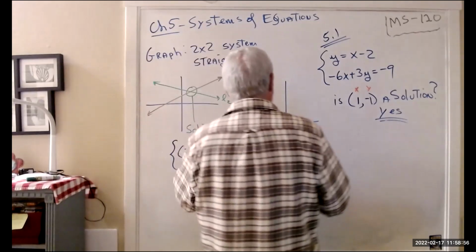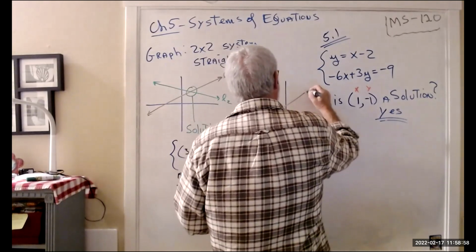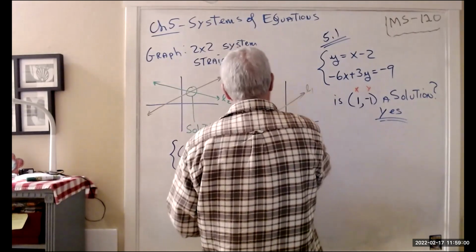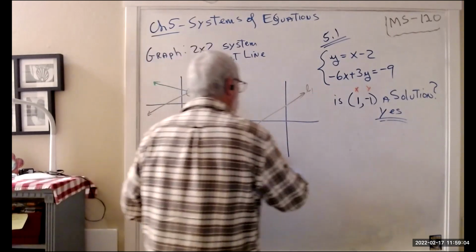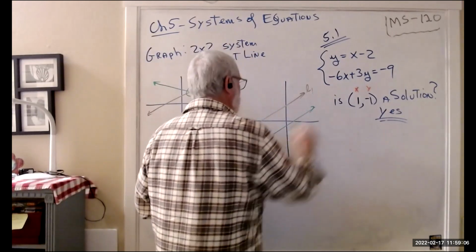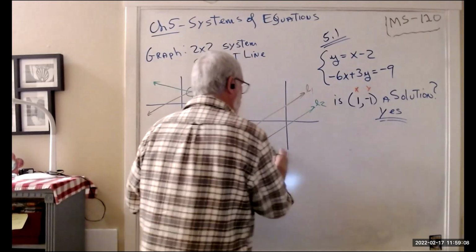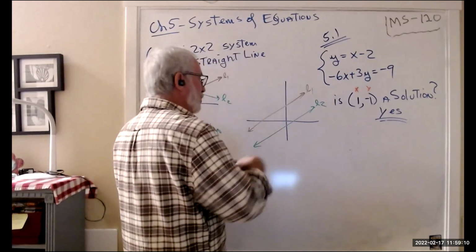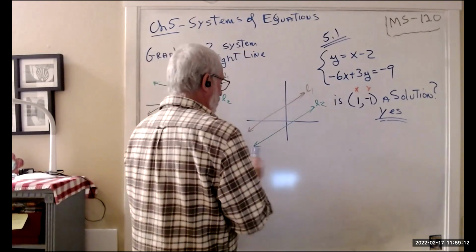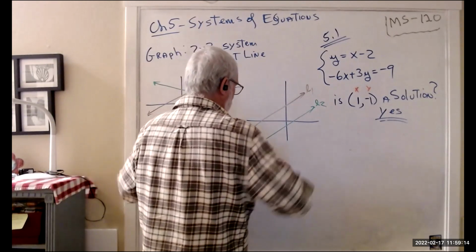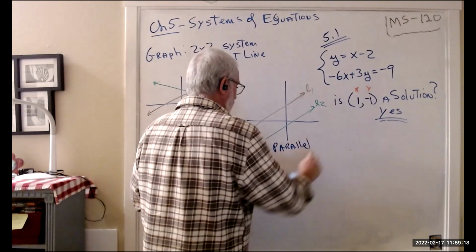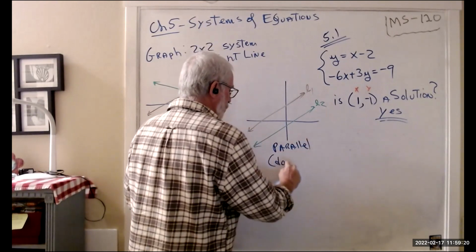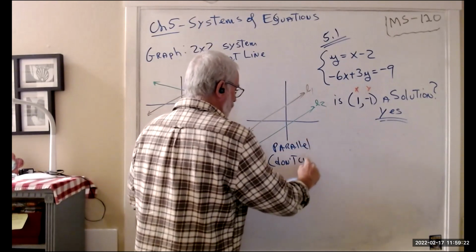So you could have line 1 going like this and line 2 going like this, and they could be parallel, meaning they don't cross.